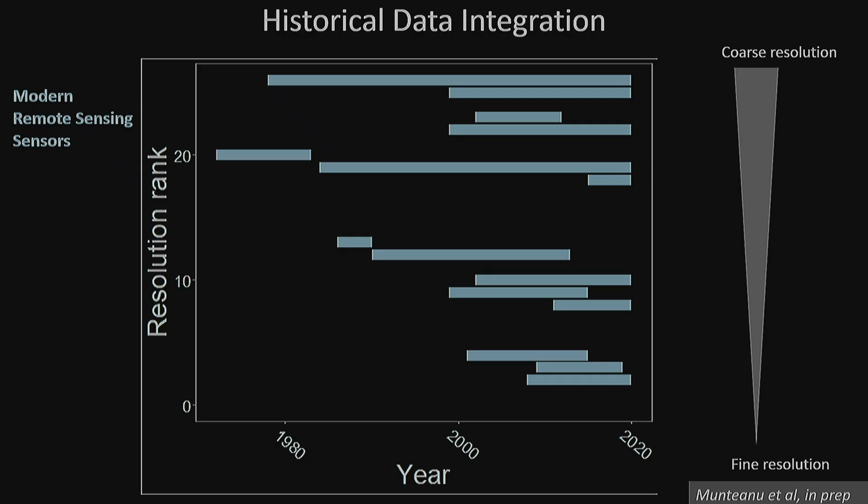This is a list of remote sensing data sorted from coarse resolution at the top to fine resolution at the bottom, with the temporal resolution on the x-axis. You see that most of the remote sensing data that allows us to reconstruct environmental change at broad scales goes back only to the 1980s.